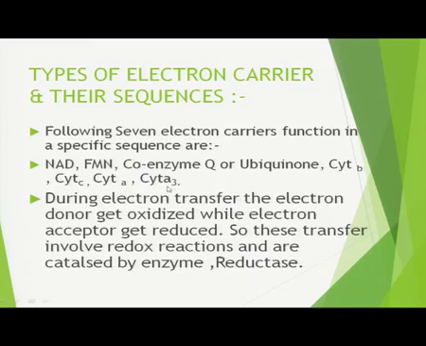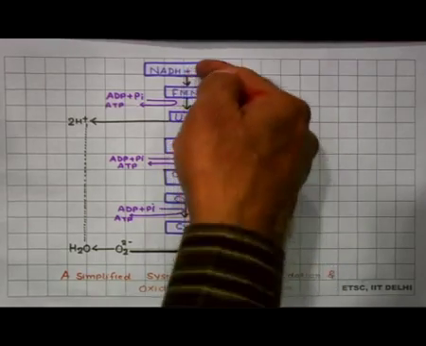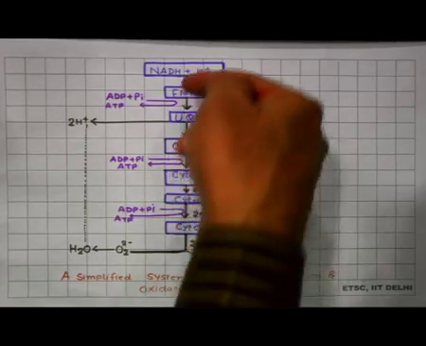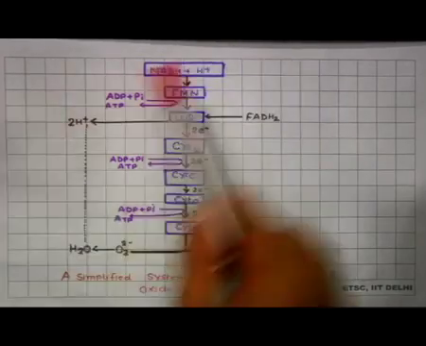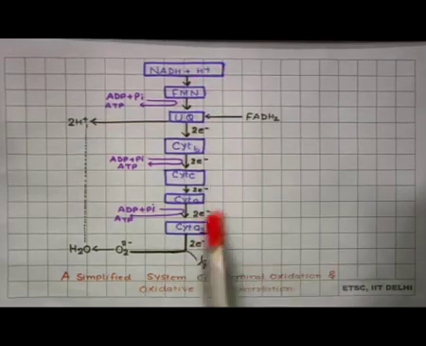The sequence is very specific, 1, 2, 3, 4, 5, 6 and 7 finally, and this sequence continues as electron is transferred from one carrier to another carrier.